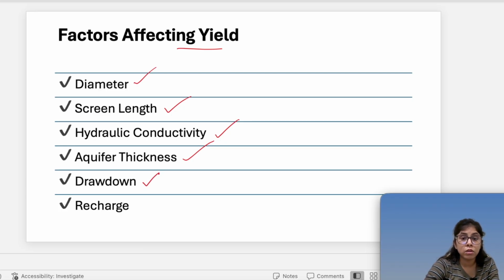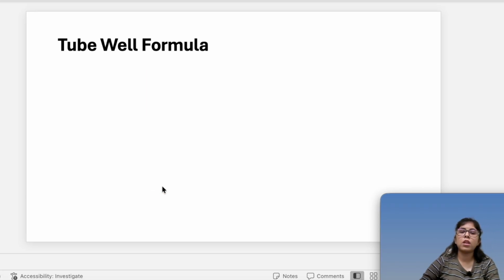Drawdown, the more the drawdown, that means we are taking more water. Recharge, how fast the aquifer is recharged, right? So that also affects the yield of the tube well. So now we know what is yield and how the water is coming into the tube well.